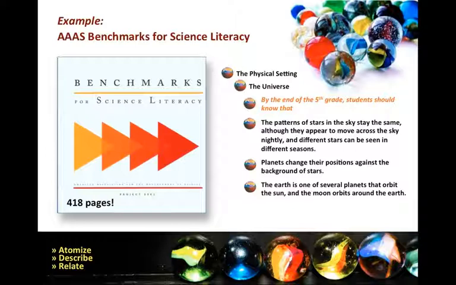Here are the benchmarks for science literacy from AAAS, the American Association for the Advancement of Science. 418 pages of extremely rich narrative, rich curricular descriptions embodied in the benchmarks. In general, when we extract the learning outcomes, they are hierarchical, and these will look very familiar in terms of structure.